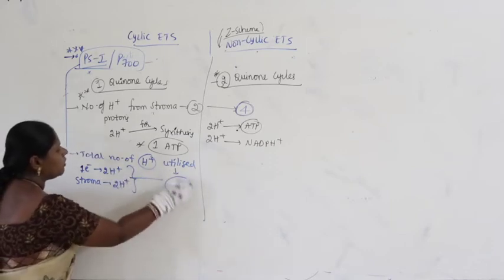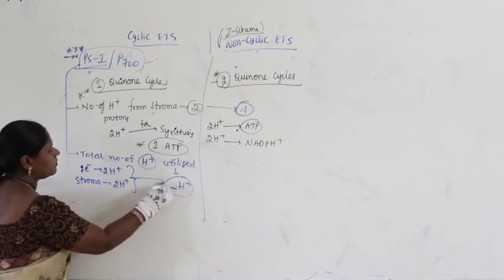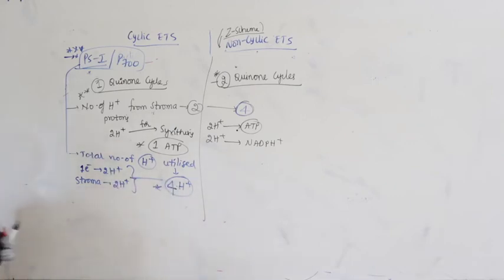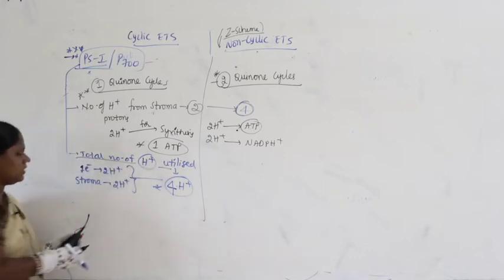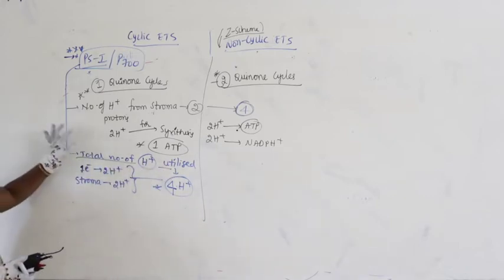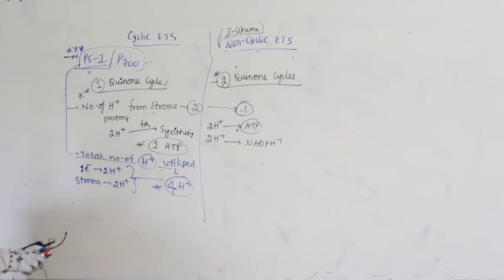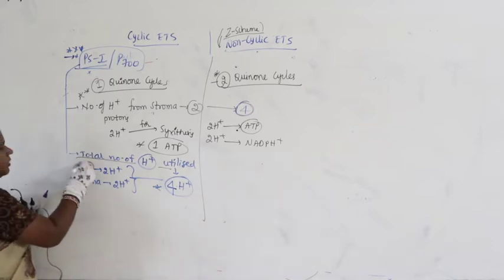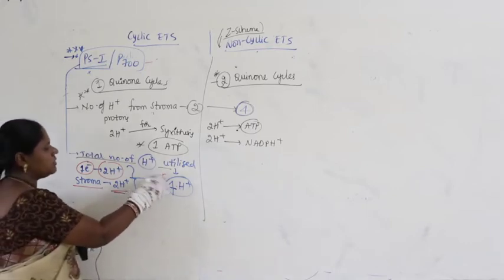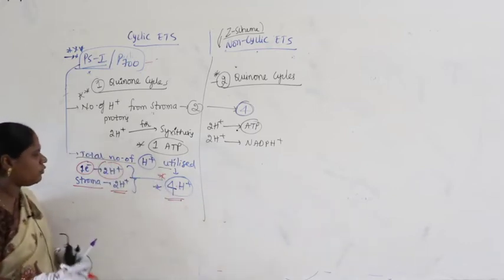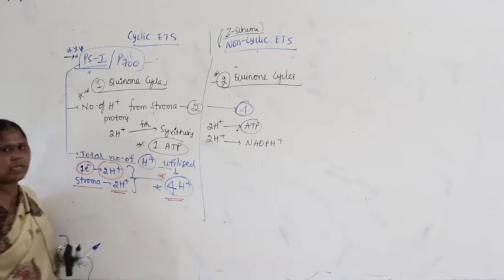Totally 4 protons. Yes or no? We say 1 electron giving 2 protons, from the stroma 2 protons, altogether there is utilization of 4 protons for synthesis of 1 ATP.